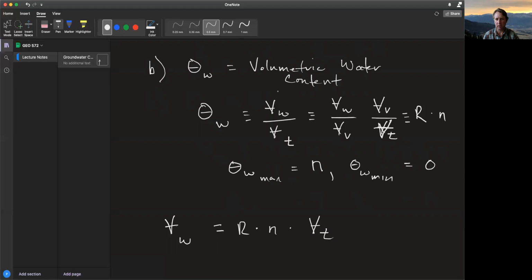And all I've done is set this equal to this and solve for VW. All right, and we end up with this relationship that relates the volume of the water to the volume of the REV using the saturation and the porosity.